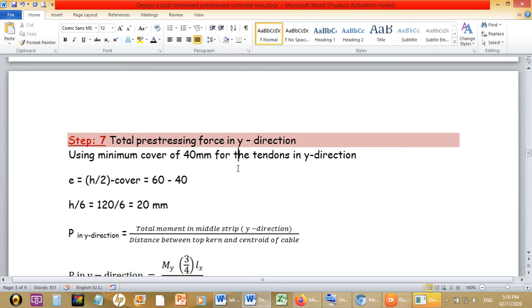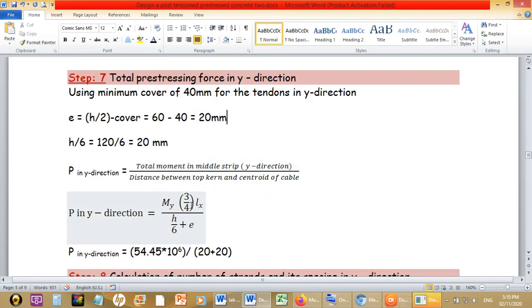The minimum cover requirement for the slab is 30 mm, so we cannot go less than that. So we used 40 mm in the y direction. By using this 40 mm cover, the eccentricity is 60 minus 40, that is 20 mm, and the kern zone is again 20 mm.